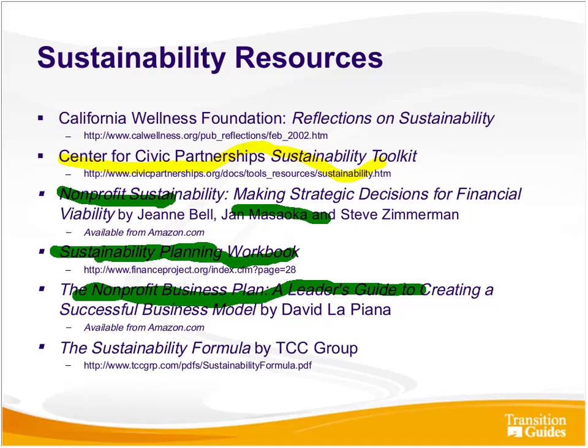Bell and Masioka really tackle it much more from a nonprofit business model point of view. And then there's also the piece here from the sustainability formula by the TCC group. Not a lot of depth there. These resources are much more in depth, but it is another framing on organizational sustainability that is probably important to highlight.